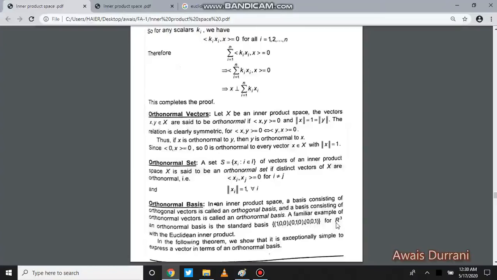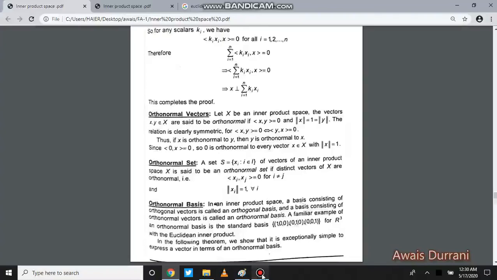We say that this will be an orthogonal basis if it contains orthogonal elements, and if it contains orthonormal elements, then we say that it will be an orthonormal basis. So simply, if a basis contains orthogonal vectors, then we say that this is an orthogonal basis, and if it contains orthonormal vectors, we say that this is an orthonormal basis.